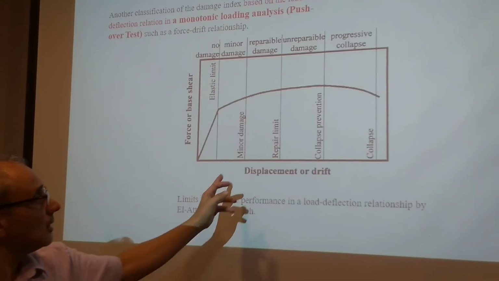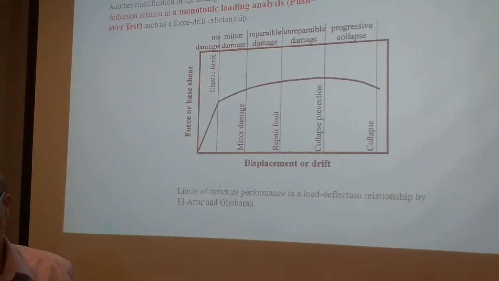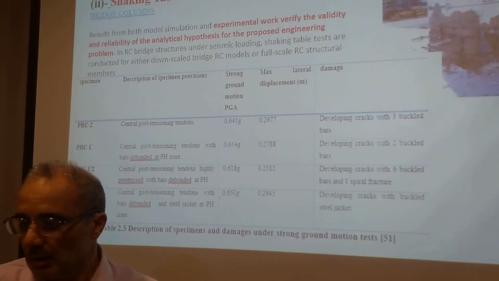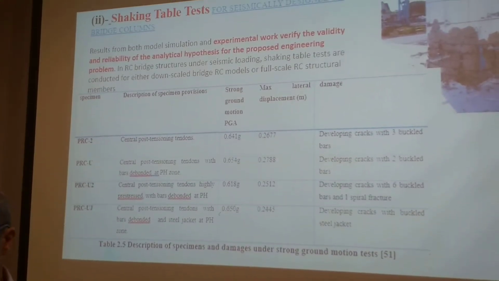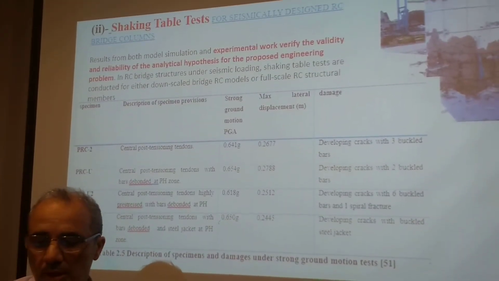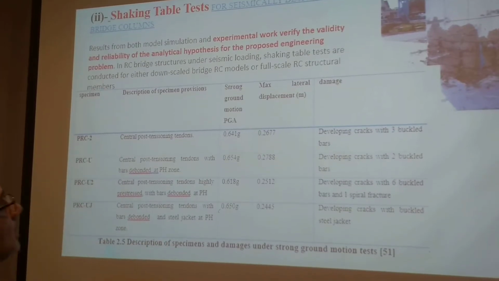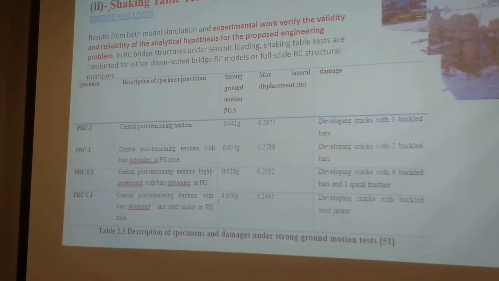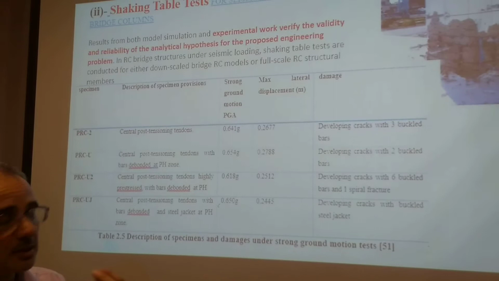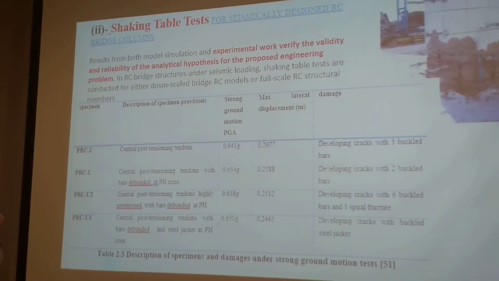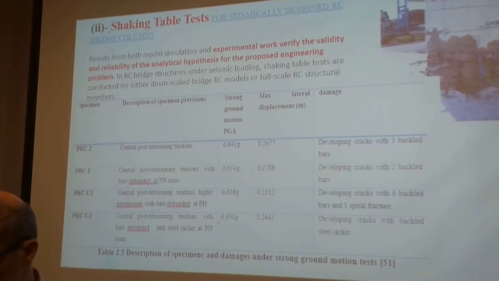And we have different damage degrees. Shaking table tests are experimental work that verifies the validity and reliability of the proposed engineering problem.